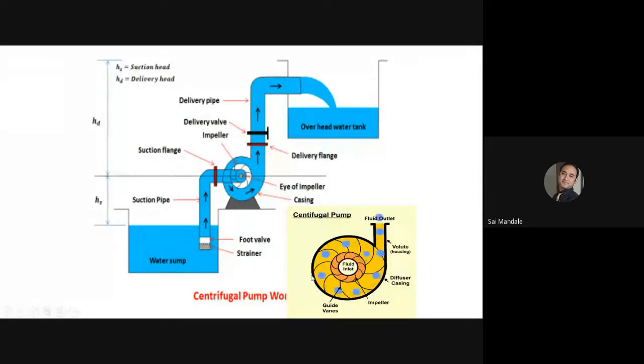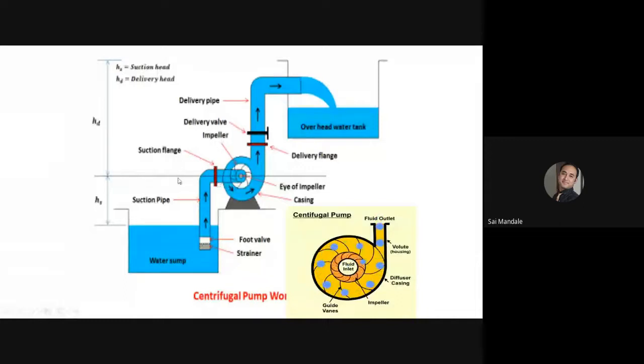As the impellers are rotating because of the shaft, they are mounted on the shaft. Once they are rotating continuously, the vacuum is created inside the casing. Once the vacuum is created inside the casing, because of the back pressure, the water collected in the water sump rises up. The water starts to come into the casing.